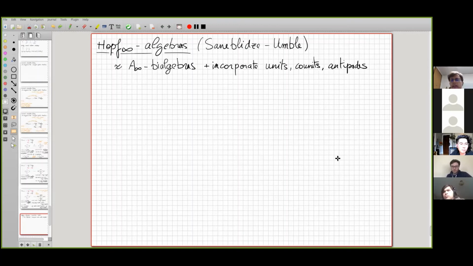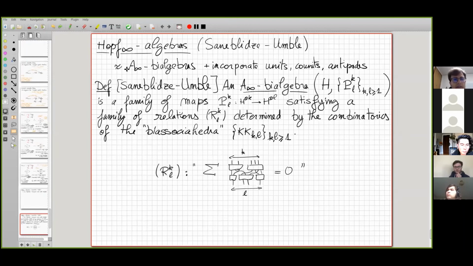I'm not sure what exactly the status is right now, and I'm not sure that the definition we really need actually appears. So there's still work, and we don't understand exactly what it should be, but roughly it should be something like an infinity bialgebra plus something that incorporates all the other operations in Hopf algebras, that are units, counits, and antipodes. But at least the notion of infinity bialgebra is well defined, and it was defined by Saneblidze and Umble.